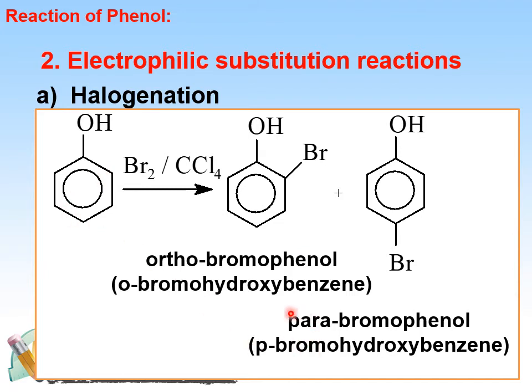So the name of the product would be ortho-bromohydroxybenzene or ortho-bromophenol or 2-bromophenol. And the second compound would be para-bromohydroxybenzene or para-bromophenol or 4-bromophenol.